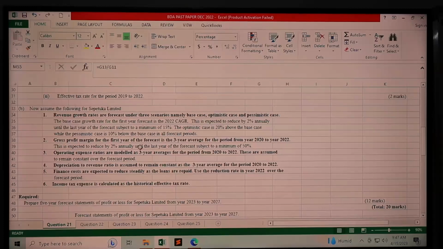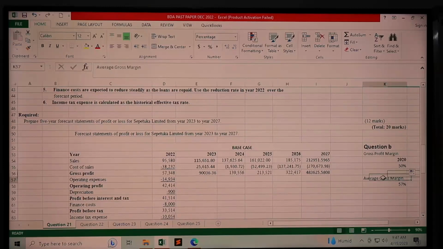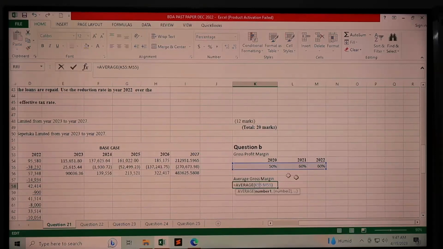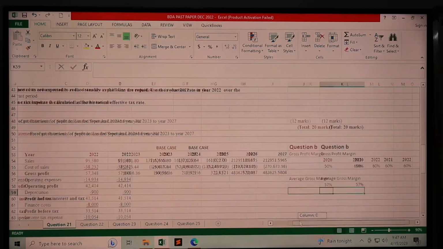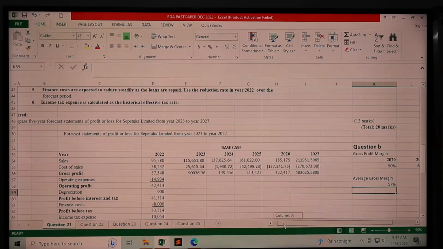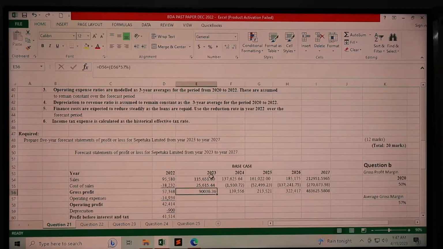So you get the average of the 3 margins we computed here, and you get 57%. That 57% is what you use as the gross profit margin of the first year, which we said is 2023.